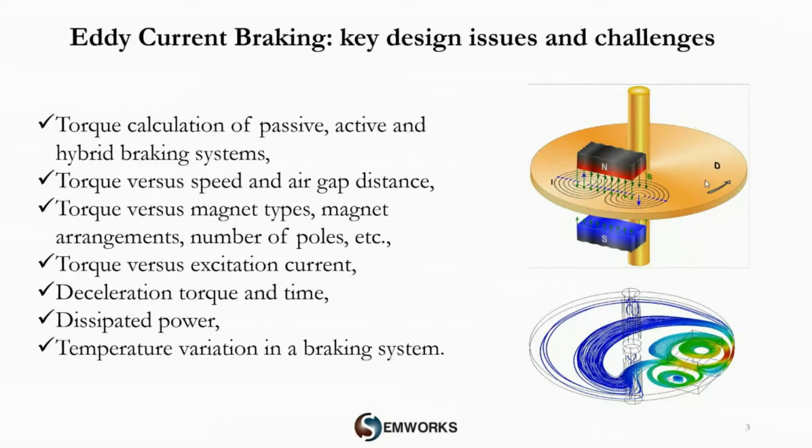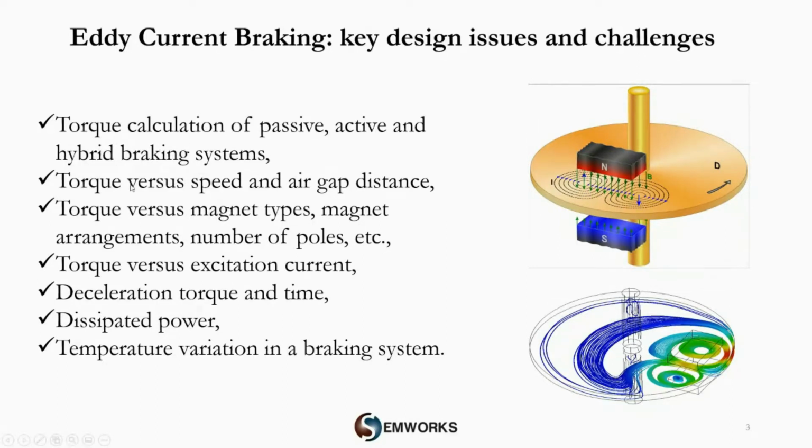So the main quantity that has to be optimized is the torque. Before even talking about how long it takes for it to stop and all of that, we have to design the disk and the magnets, material and excitations and speed and all of that.